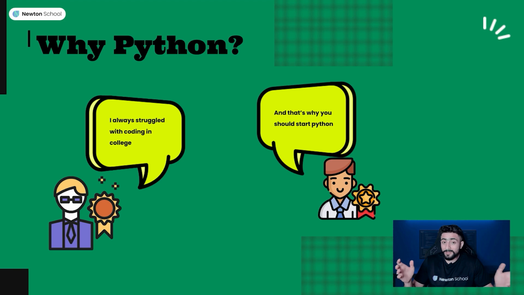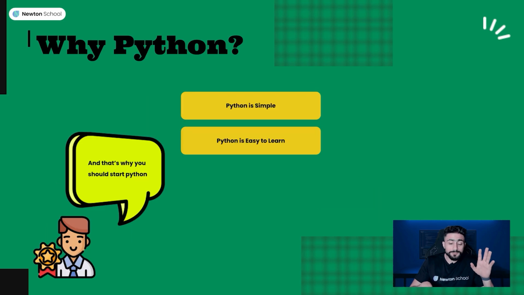So why should you start with Python if you don't know any programming language? Because Python is simple and easy to learn. If you compare it with other programming languages, like Java, Python is really easy to understand and learn. If you're starting your career in IT, it will be easy for you, so that you can actually get the confidence to learn coding.